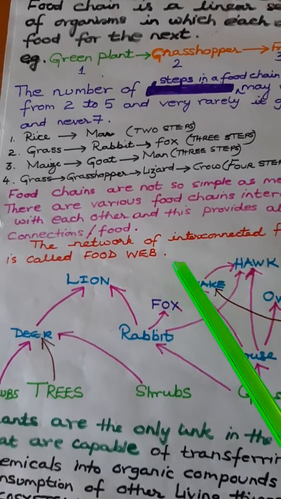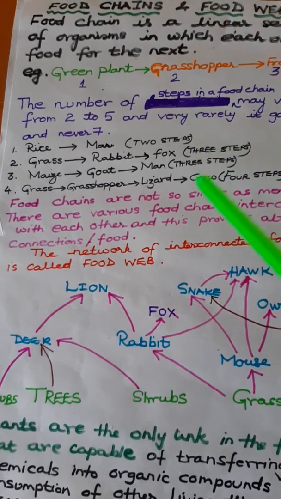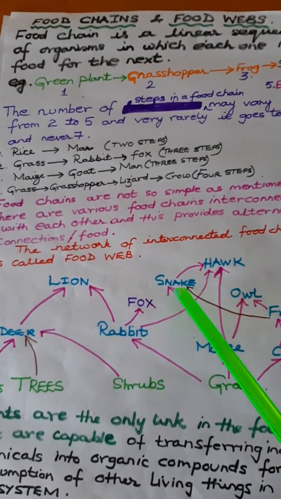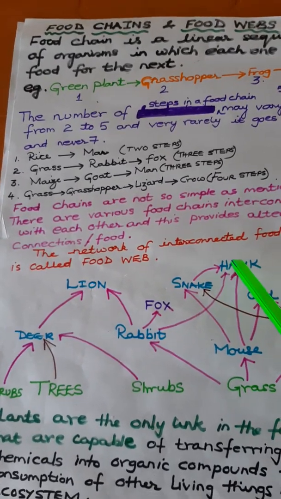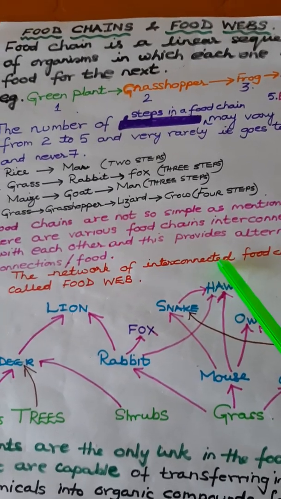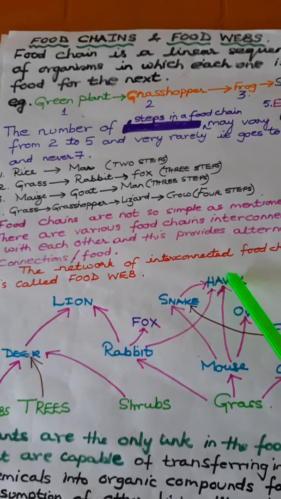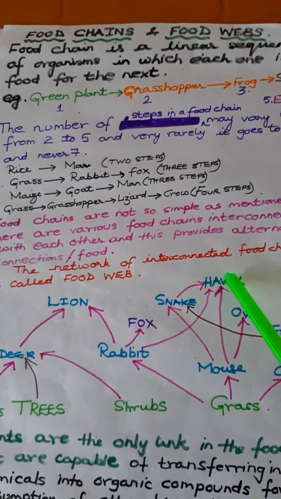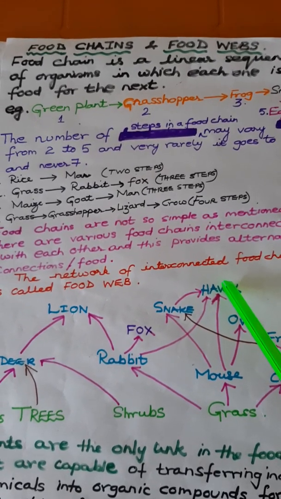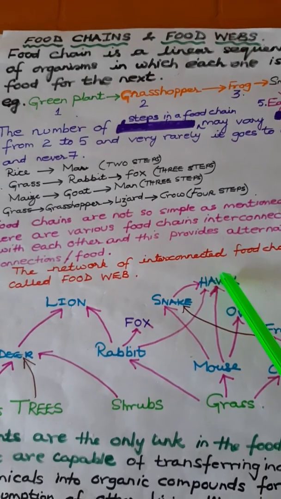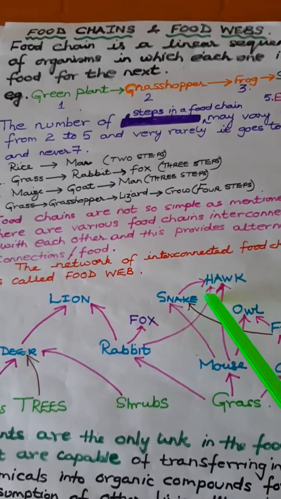But these food chains are not so simple as I have shown you over here. Food chains are interconnected with each other, and when they are interconnected, it provides an alternative pathway for food, because sometimes the conditions may not be good, something may be scarce, or in case of some adverse conditions in the environment, some food or some organism is missing.